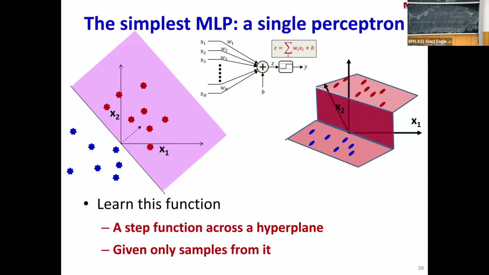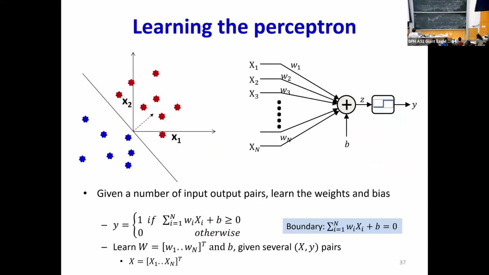So you just be given those colored dots, the red and blue dots, and from that you have to learn the entire Heaviside function. So this is the problem we have.